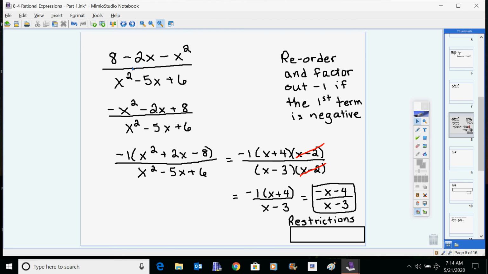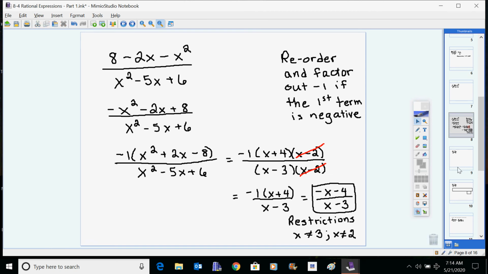We're looking for anything that would give you a 0 in the denominator. So your best thing to do is to look at your factored form. So x minus 3 can't be 0 and x minus 2 can't be 0. That means that x can't be 3 and x can't be 2. And those are your restrictions.